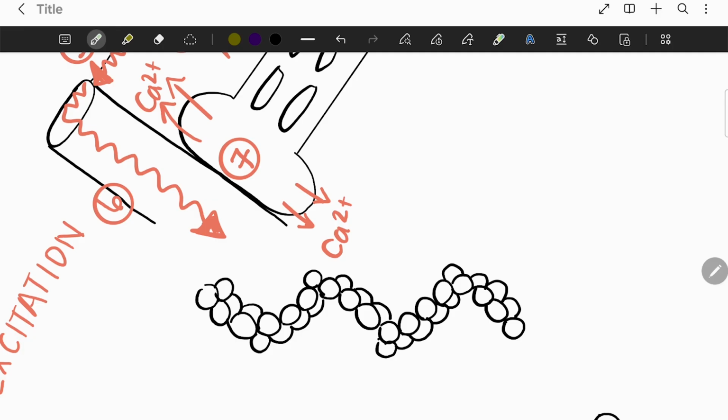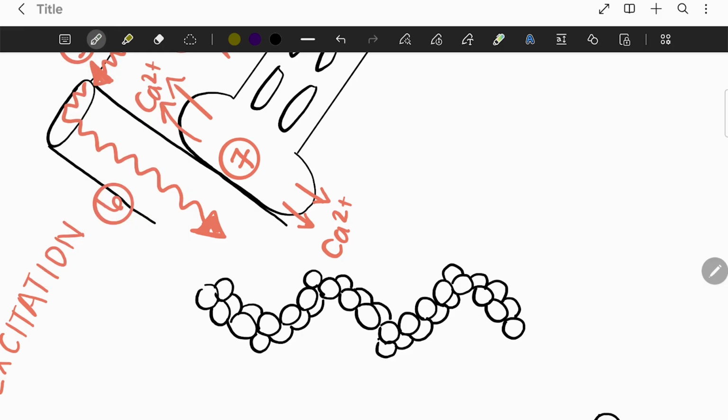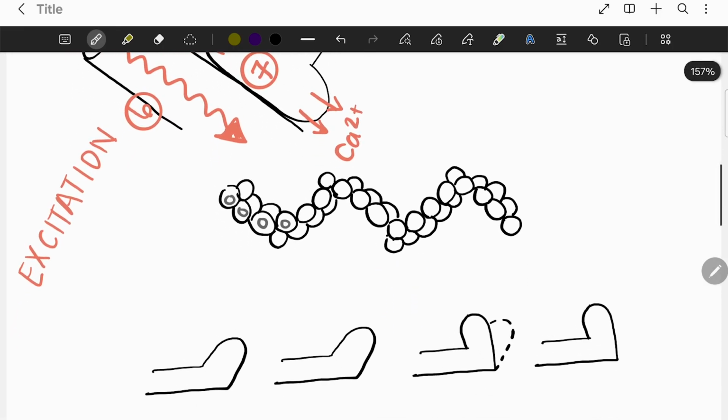Now the thing about actin is it has little active sites on it, okay? Little spots on these actin molecules where these myosin heads, these little golf club heads, want to bind to those spots on the actin.